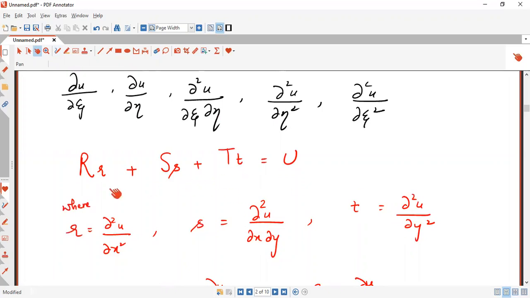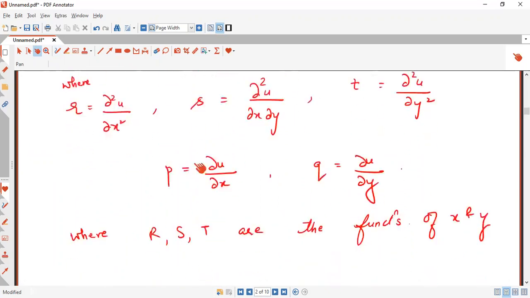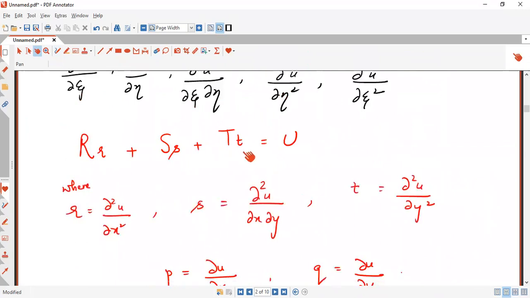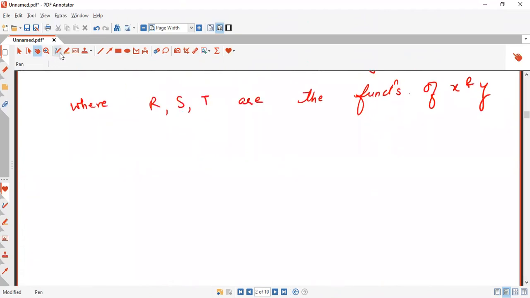Now, based on these capital R, capital S, and capital T, which are the coefficients of the double differentiations, on the basis of R, S, and T, I could tell whether the given equation will have the region of a parabolic curve, or hyperbolic curve, or elliptic curve. That will be determined by the equation s square minus 4rt, just like in a quadratic equation we used to do b square minus 4ac.